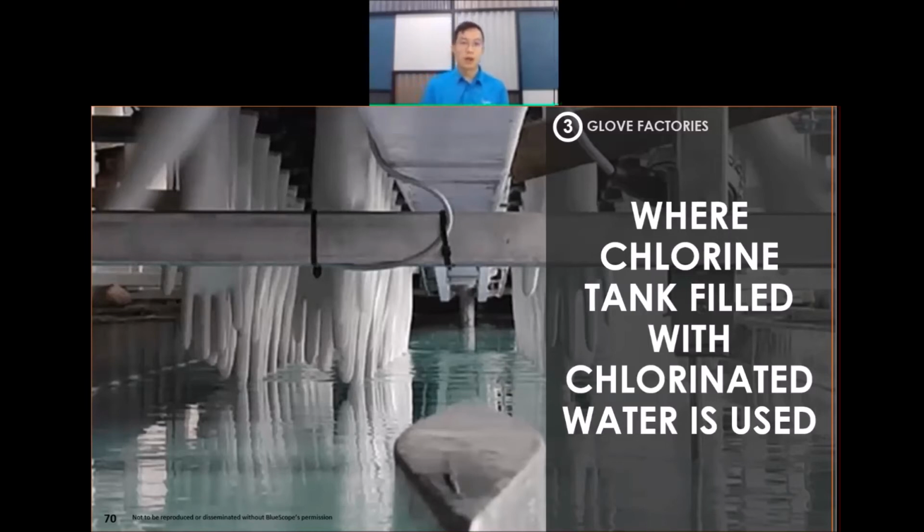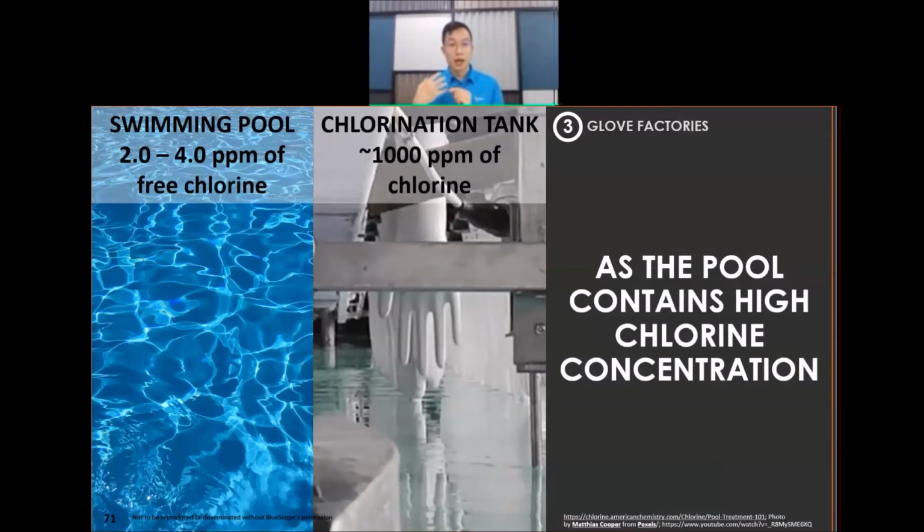Okay, and of course, to give you a bit of context, this chlorine tank contains exponentially higher chlorine concentration compared to a swimming pool. To give you some context, a swimming pool itself can have around 2 to 4 ppm of free chlorine inside the water.